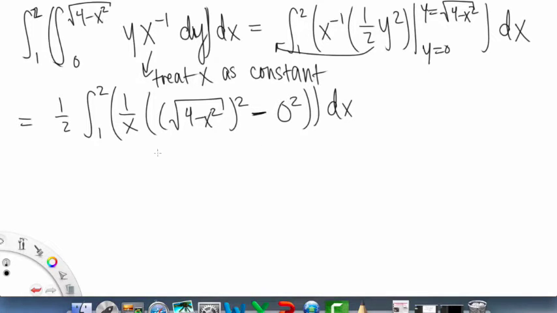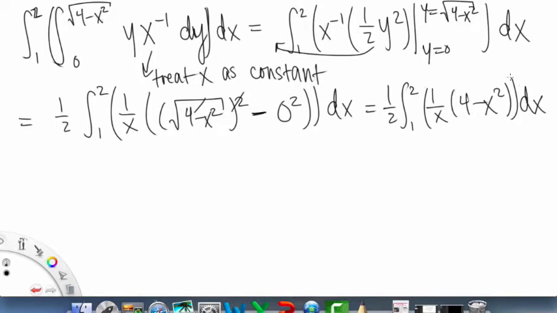Okay, and then what we end up getting is 1/2 from 1 to 2, and then a 1 over x, and then square root squared, those cancel out. So then we get a 4 minus x squared, which came out of the square root.